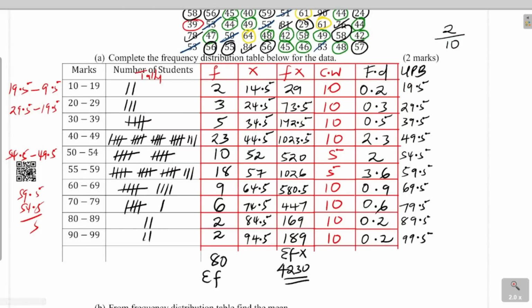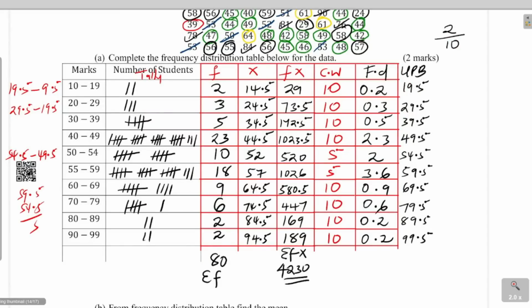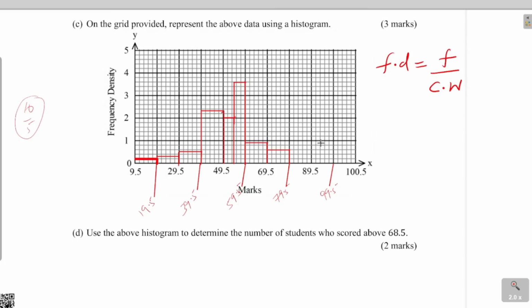And then the other one, 79.5, 0.6. 0.6 will be there. Then 89.5, 0.2. 0.2 will be there.